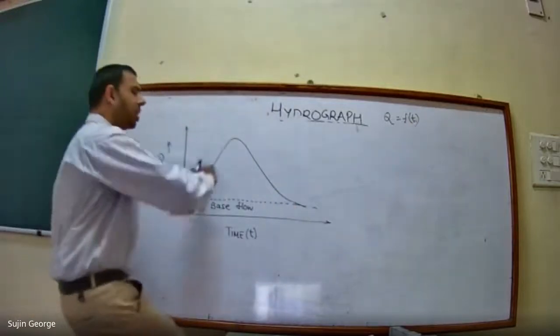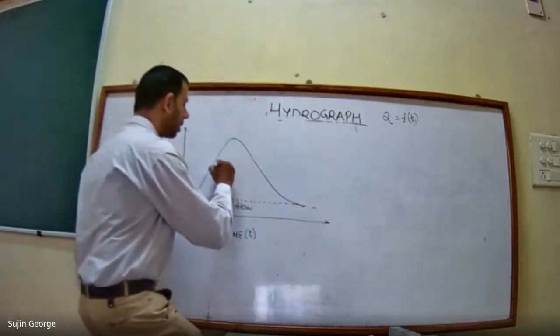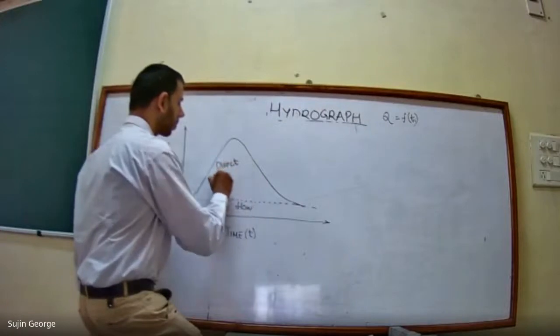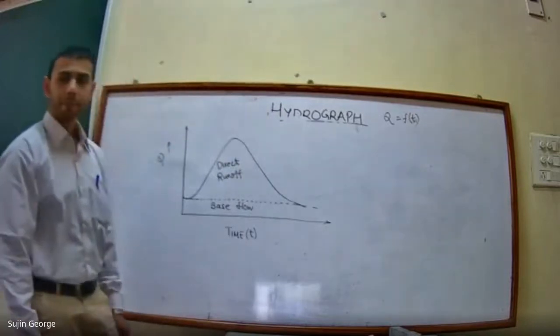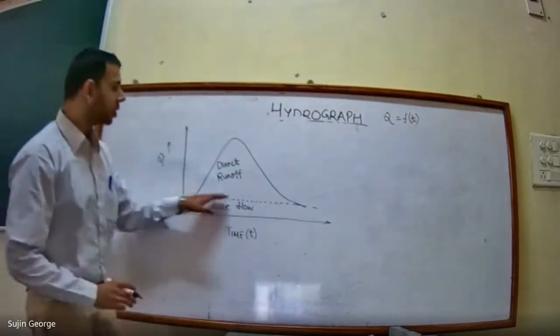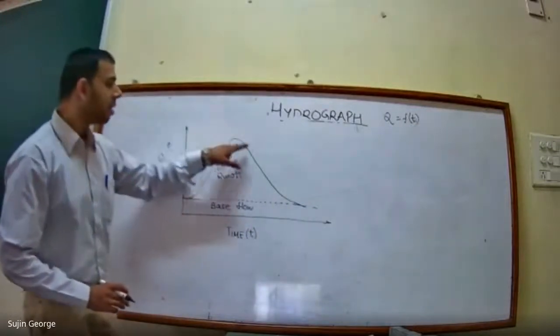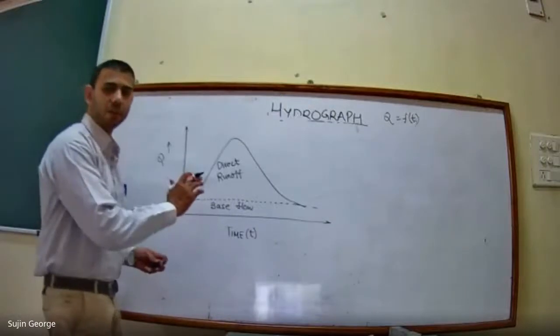The discharge that has taken place can be called the direct runoff. This portion is called the base flow, and this curved portion above the base flow is known as the direct runoff.